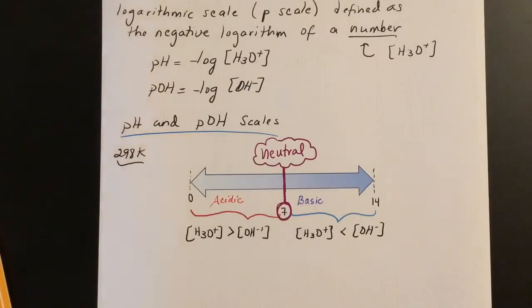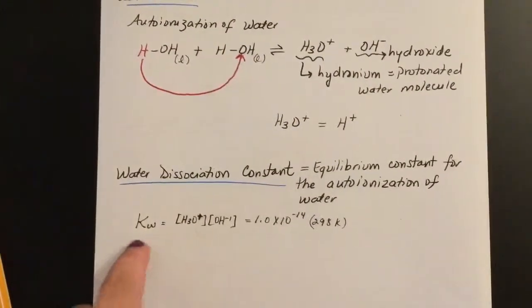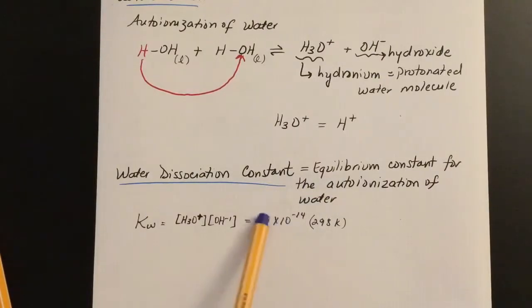When I wrote down your expression for Kw here, the value of Kw is 1 times 10 to the minus 14. That number is coming from the multiplication of hydronium and hydroxide.